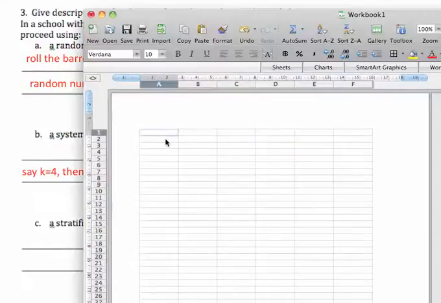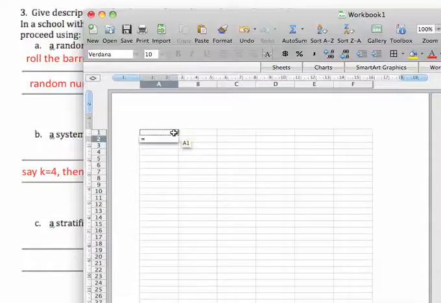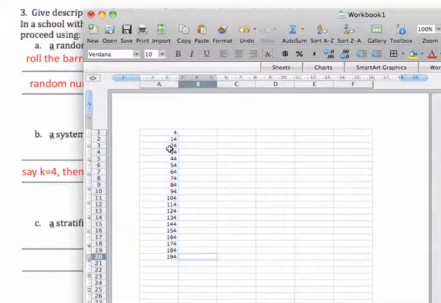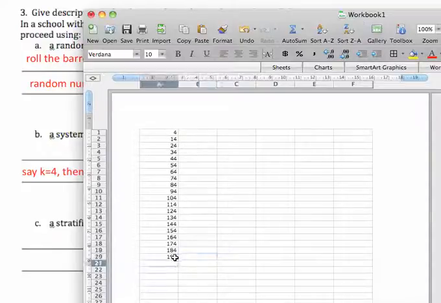Here I'm in a spreadsheet, and let's say our K was 4, and we're going to take every 10th person after 4. So it's equal to 4 plus 10, that's 14, and I go all the way up to the 20th person and fill that down. So we have the 4th person, the 14th, 24th, all the way up to the 194th. The problem is we don't have 194 students. We only have 192.